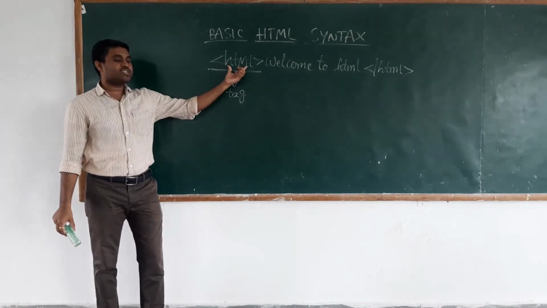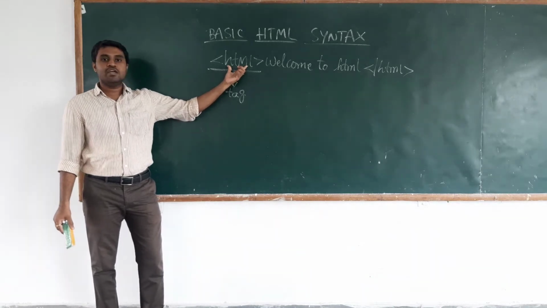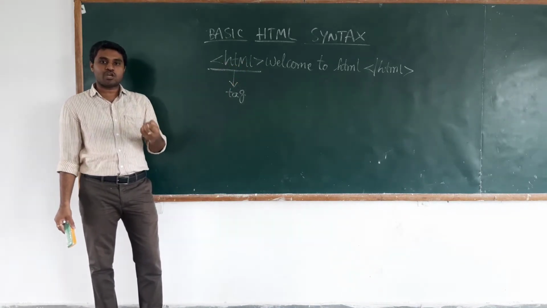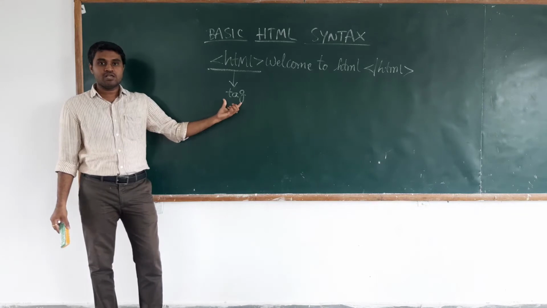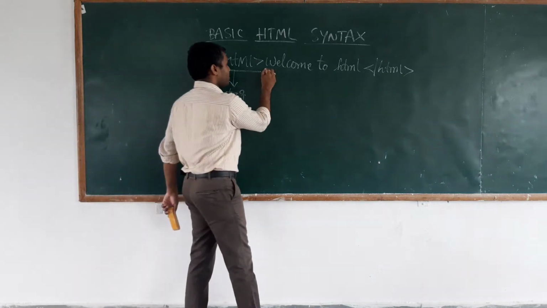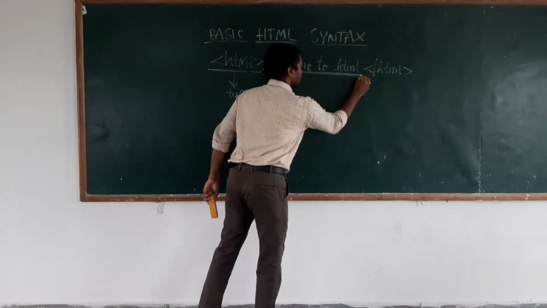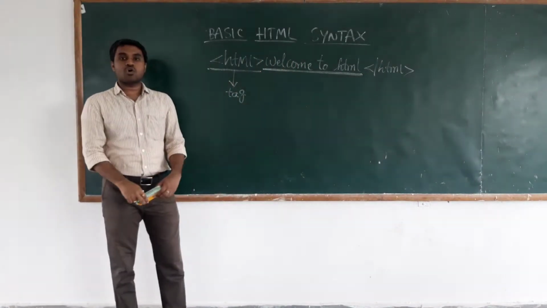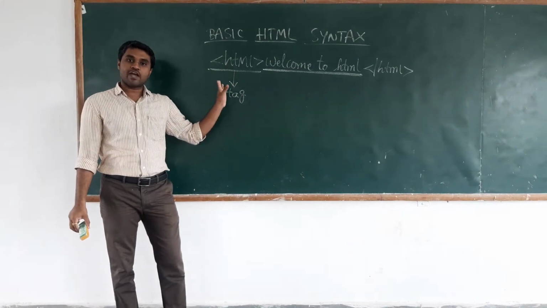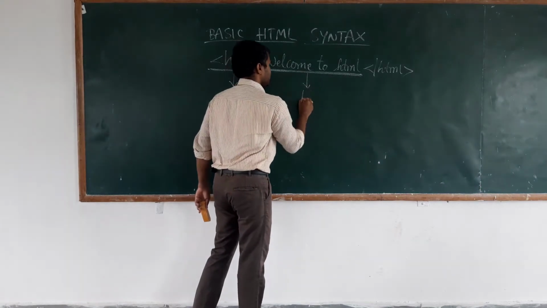Since HTML is a predefined tag with a predefined meaning, it indicates the starting of an HTML document. The web browser will understand that this is an HTML document. After that, it parses "welcome to HTML". Since it is not enclosed within angular brackets, it is treated as text.